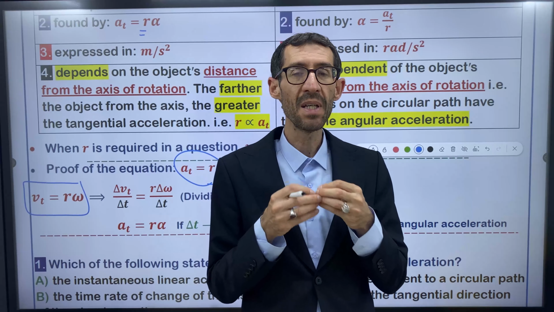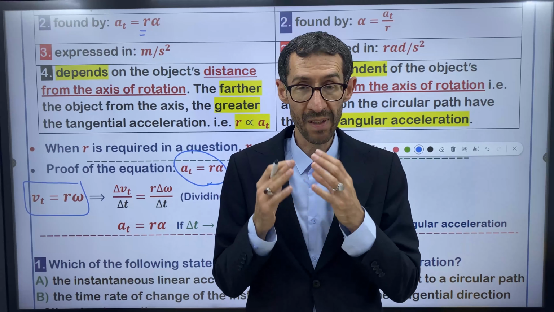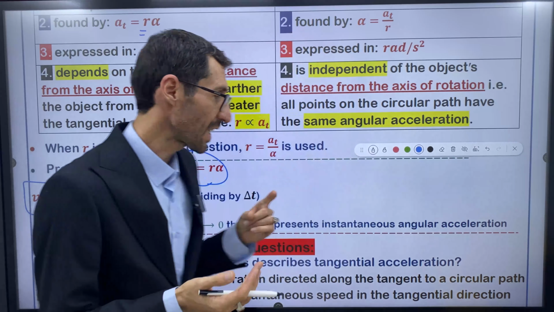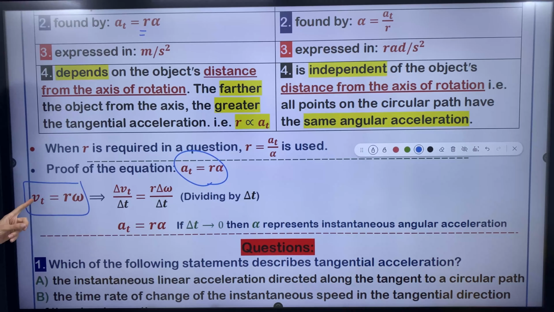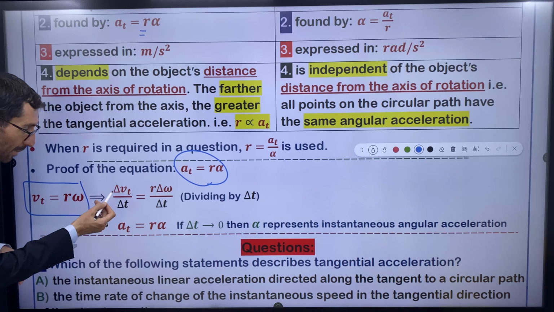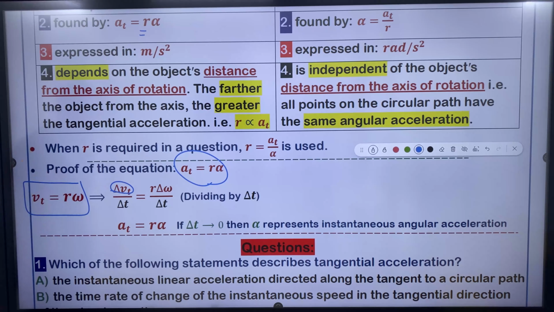Change in speed means acceleration, so delta V means acceleration. When tangential velocity changes during a time interval, you have to write delta in front of VT, and divide it by delta t. So delta VT over delta t is equal to R omega.